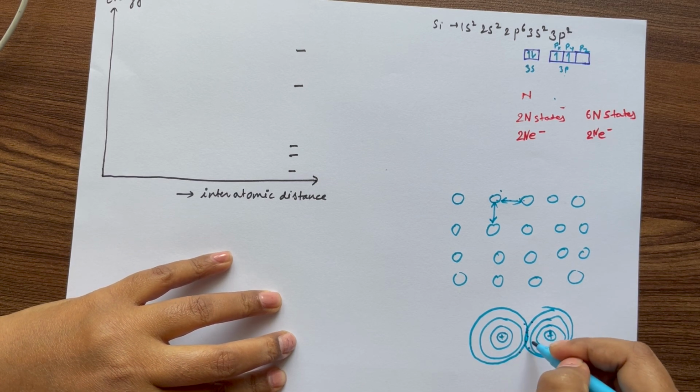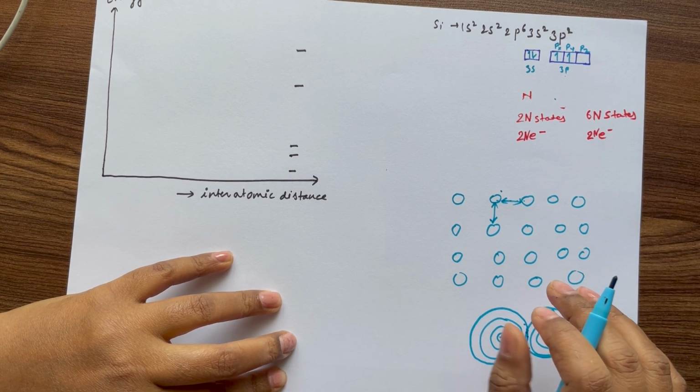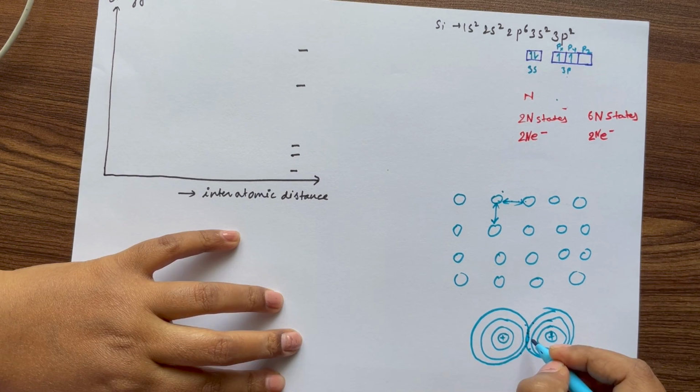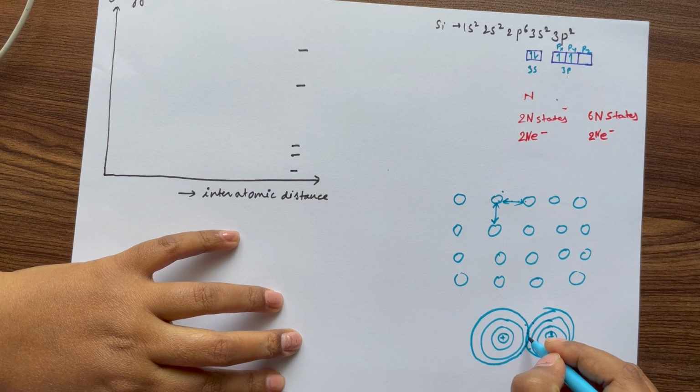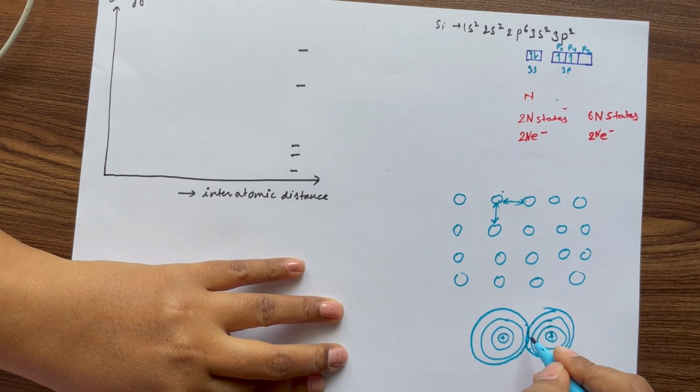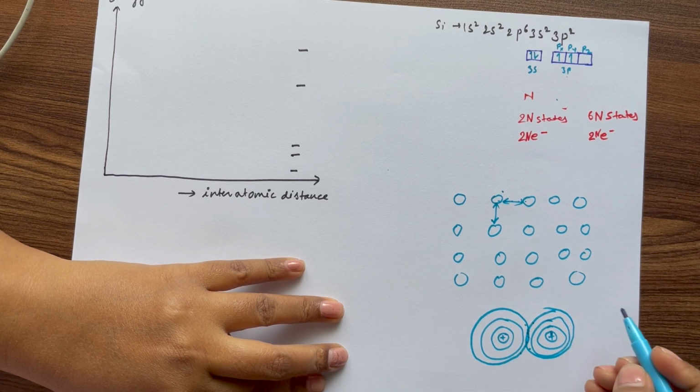They want to occupy the same space, but this is not possible. Here electrons are negatively charged, so they will feel the repulsion force of each other and the attraction force from the opposite nucleus. So these forces and the overlapping of the orbitals will cause the shift in their energy levels.